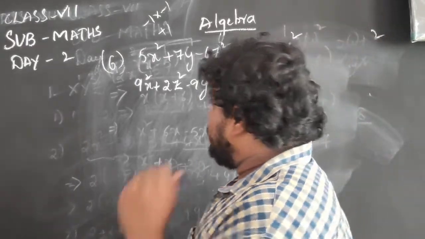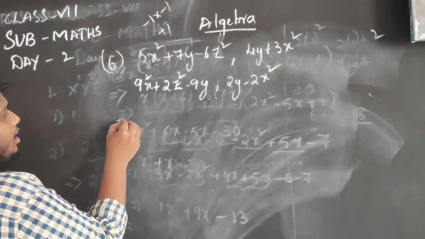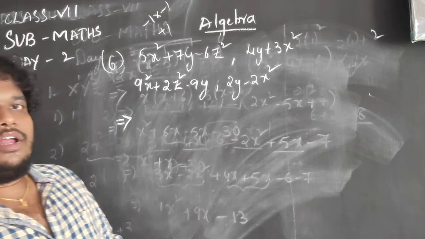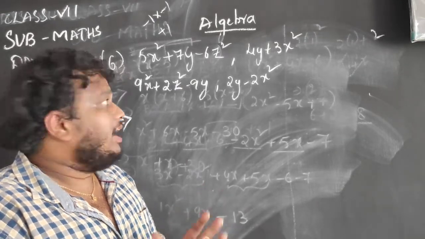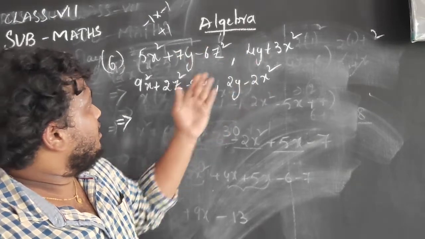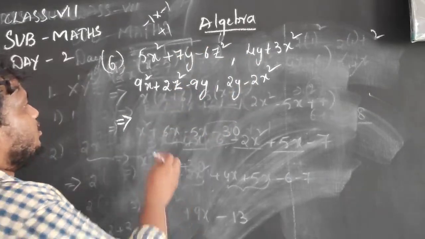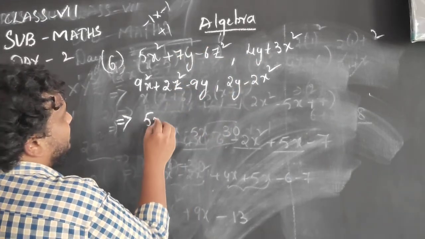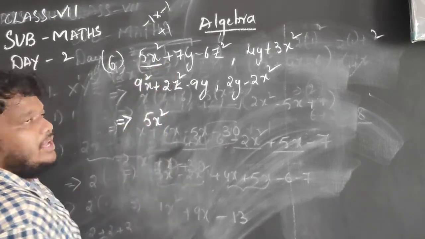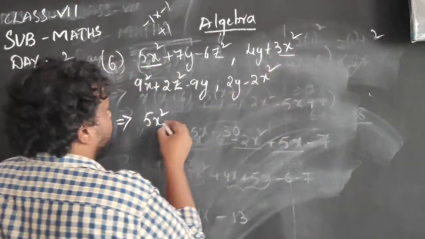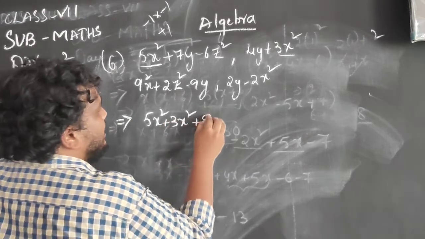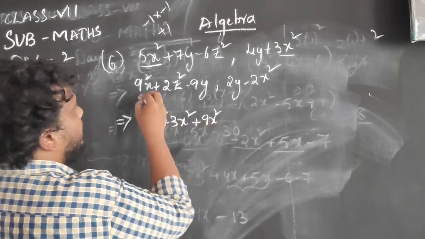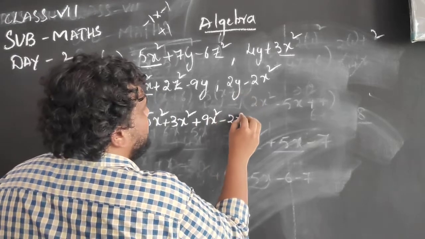Now we will solve this expression. How to solve the expression? First try to bring all the like terms together. So 5x square, the x square family: 3x square, plus 9x square, and next minus 2x square.